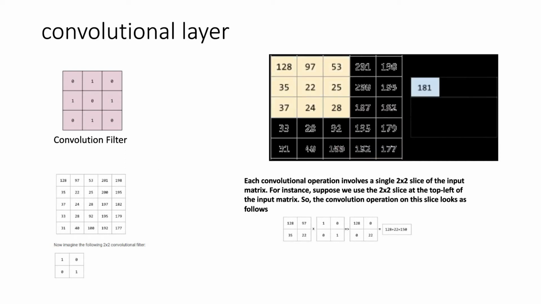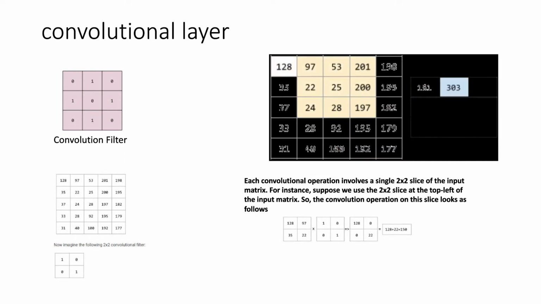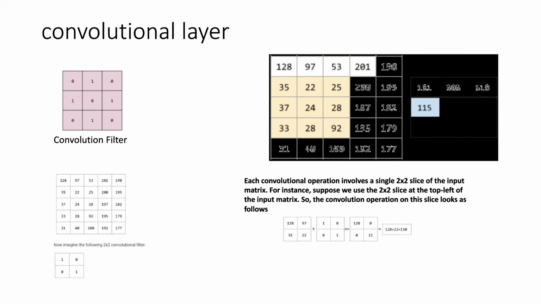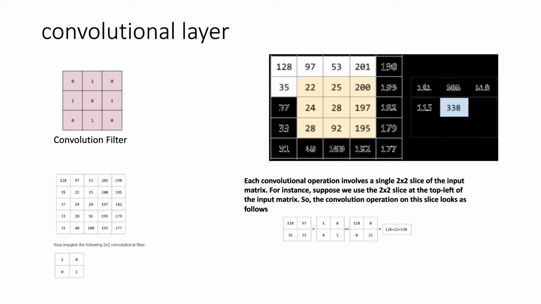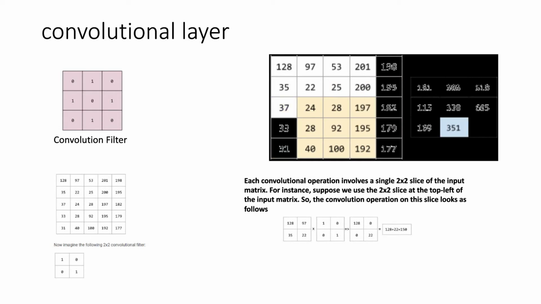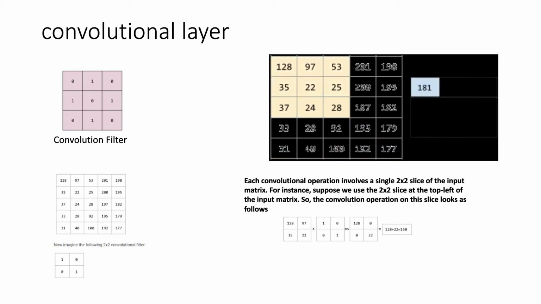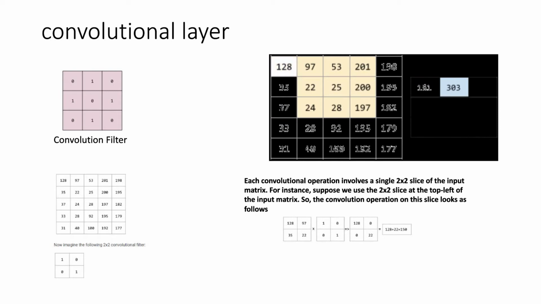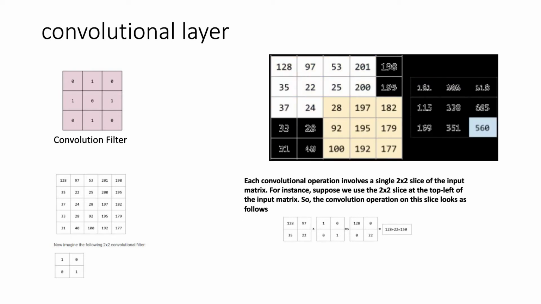In the right upper corner, I am sharing that operation using a 3 cross 3 convolution filter. So for 2 cross 2, the slice of the 5 cross 5 image is 128, 97, 35 and 22.